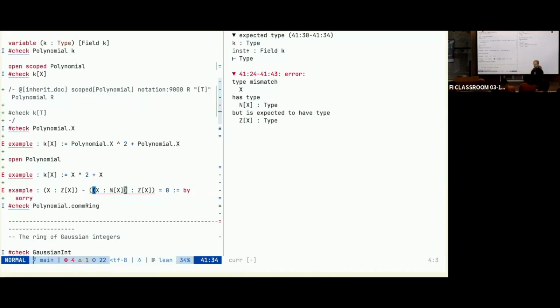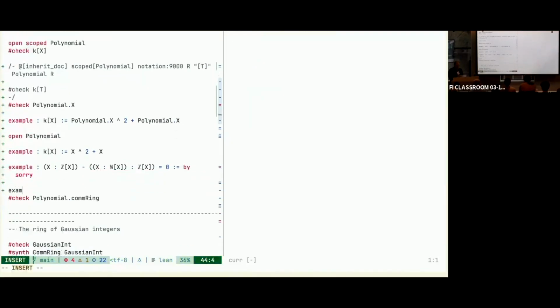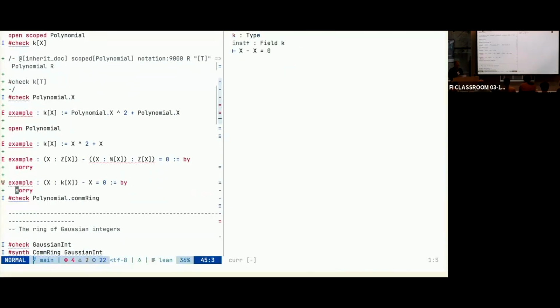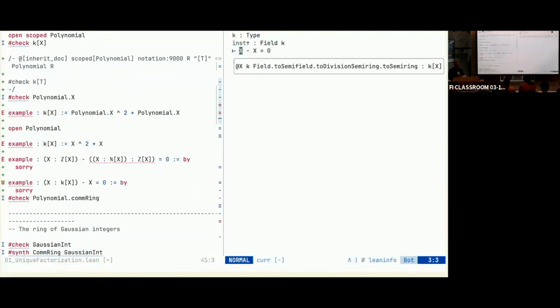What happens if you replace t by k and forget about x? Let's try another example. K of x minus just x. I'm saying both are k.